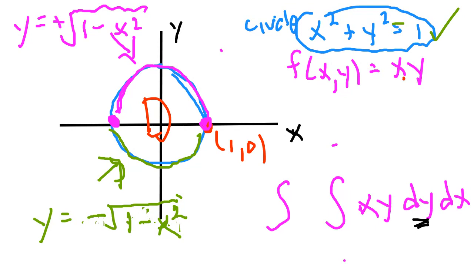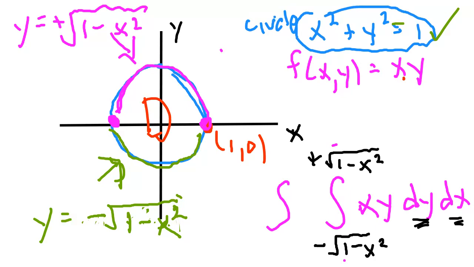So the y limits go from negative square root of 1 minus x squared to positive square root of 1 minus x squared. And then what would the x limits go from, class?